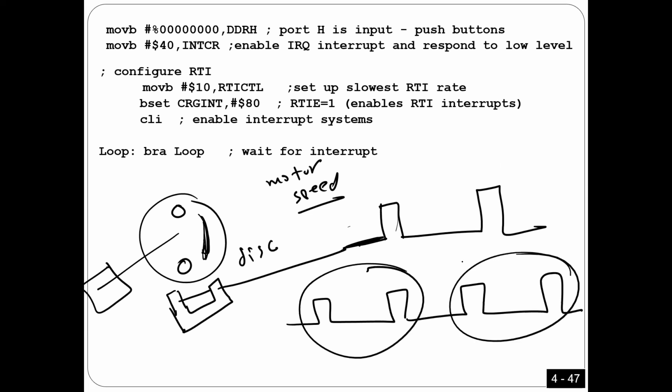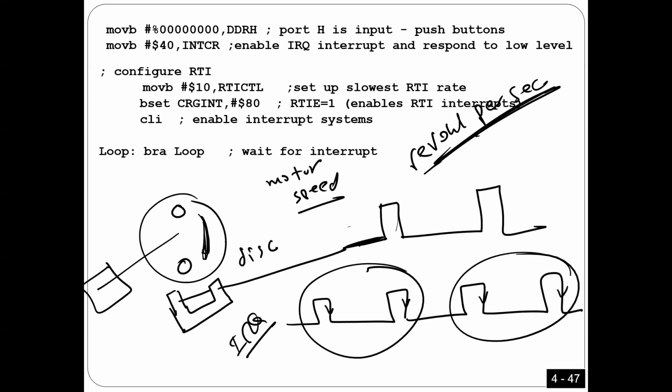If I want to measure the motor speed, all I have to do is count how many pulses we have in 1 second, and this is what we call revolutions per second. So you can use the same program here. I can connect this signal to IRQ, and in IRQ I'm going to count 1, 2, 3, 4, 5, 6, 7.